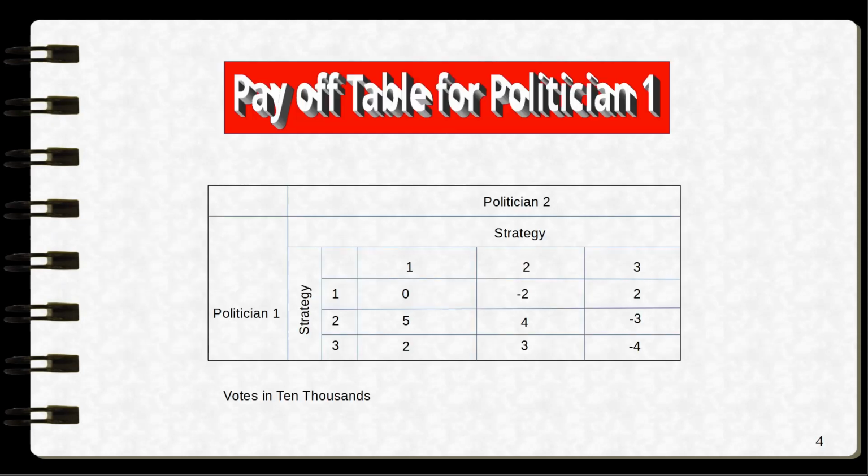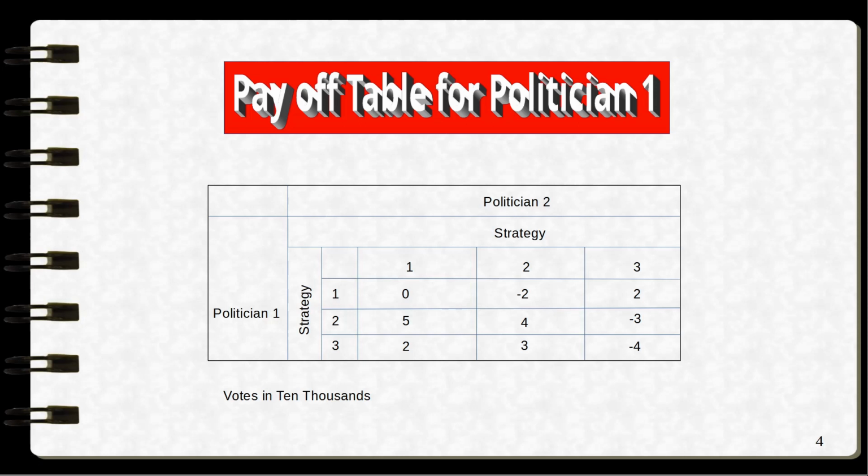So strategy 1 is in row 1. If he campaigns with strategy 1 and politician 2 also campaigns with strategy 1, the payoff to politician 1 is 0, that is, neither wins.